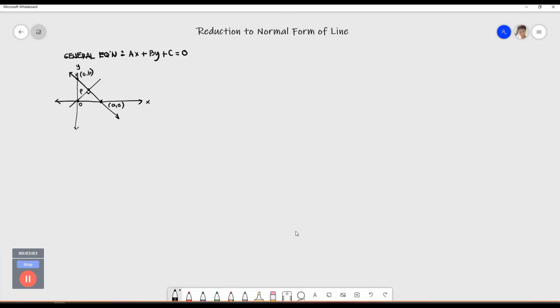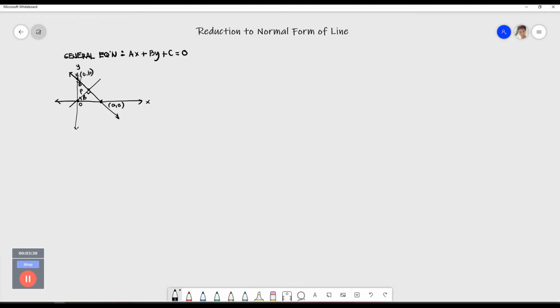Now let's say this angle is beta, and as you can see we have a similar triangle that is equal to this triangle and to this large triangle. This is also equal to beta.